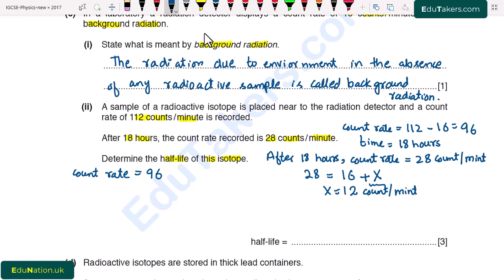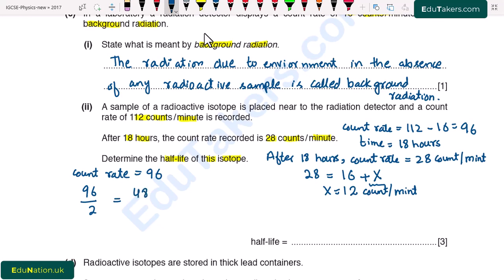Half-life is the time during which half of the sample decays. When the first half-life passes, half of this amount decays, it will be 48.